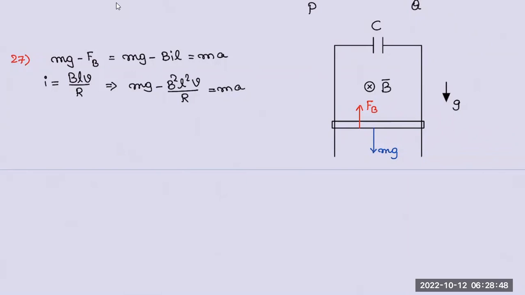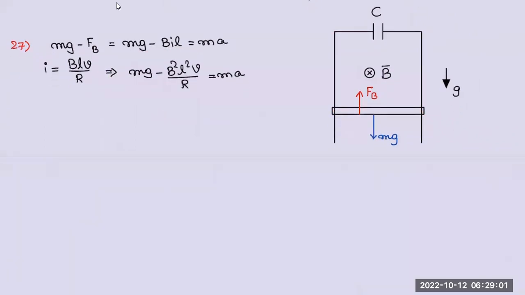Okay, shall I explain? See, this is fine, but one thing is clear. Whatever potential difference is there, the same potential difference must be here. So BLV must be equal to the potential difference across the capacitor.